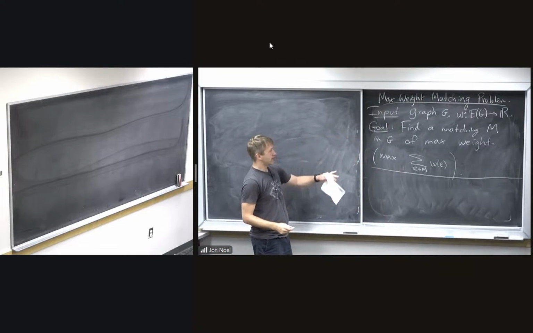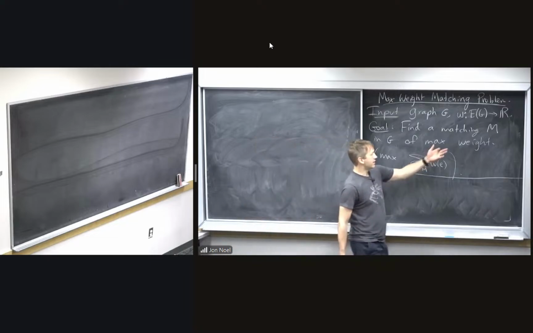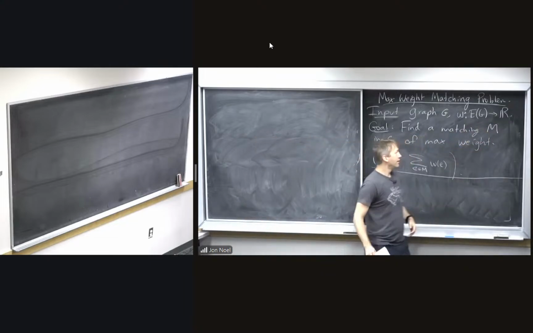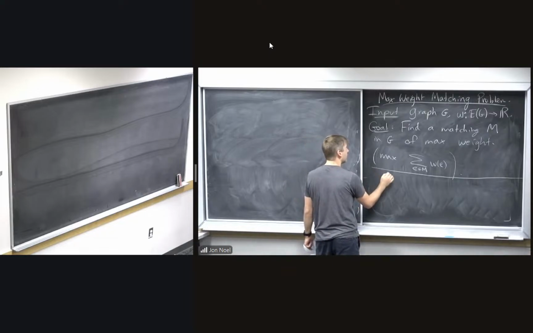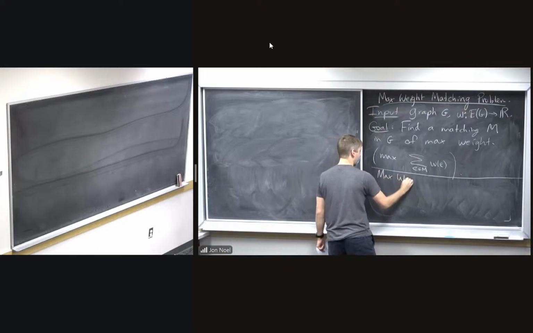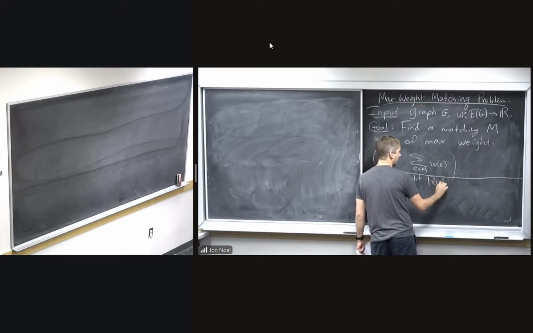So this is asking, for any matching. And here the weights are real. You could also have a similar problem where you ask for the perfect matching of maximum weight.